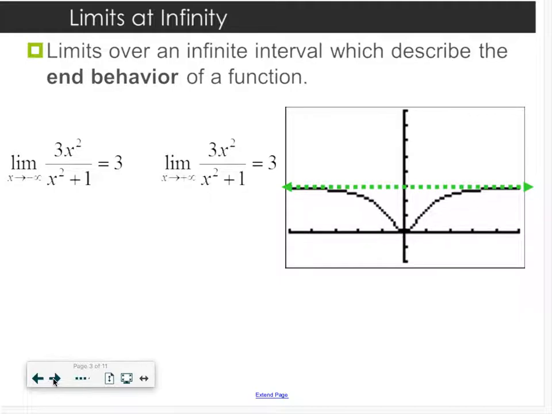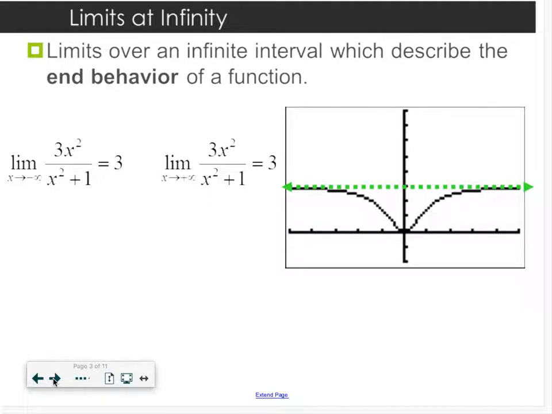So you see for this picture up here, we have a horizontal asymptote, and that horizontal asymptote is at y equals 3. So when I ask you for the limit towards negative infinity, I know that our graph has to approach that horizontal asymptote of negative 3.